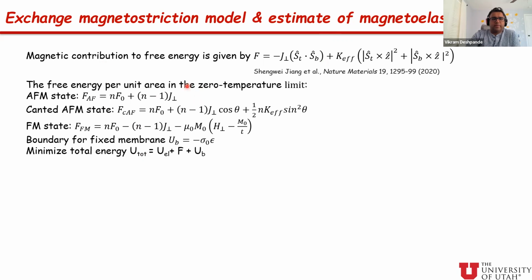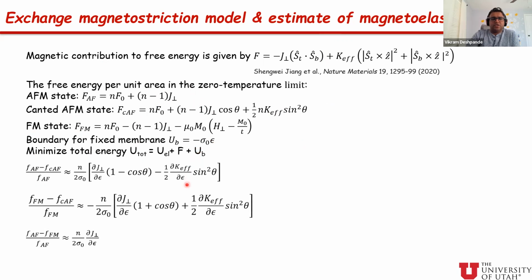The antiferromagnetic state, the canted state, and the ferromagnetic state. To that we add the elastic energy and the electrostatic energy as before, and we again minimize this free energy and connect it with the frequencies and the spring constants, as I mentioned earlier. What that does is give us an estimate of precisely the magnetoelastic couplings that we were looking for.